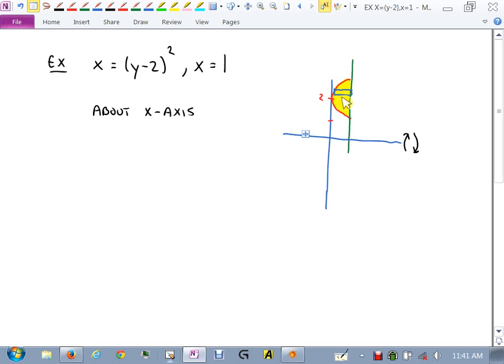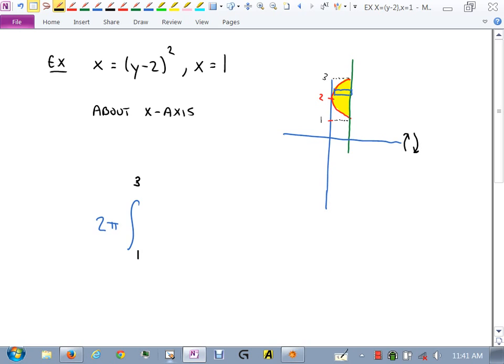So my formula should be what here? 2 pi integral. What we're going to be looking at are our y values, right? It's like our c and d. It's still 1 and what? 3. So we're still going to go 1 to 3.